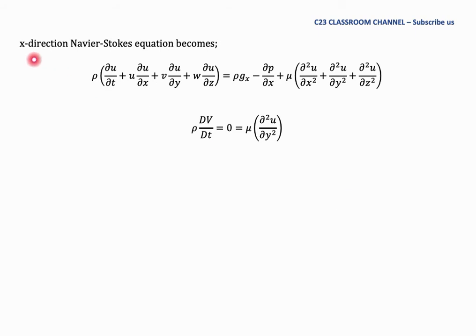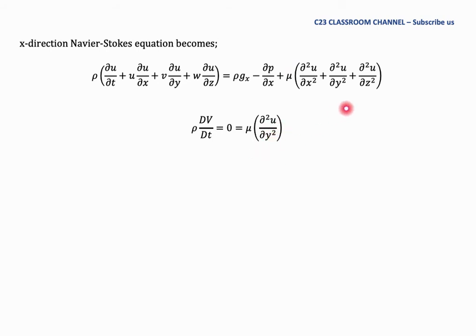So this is the x direction Navier-Stokes equation. This is the long form of the Navier-Stokes equation. You may refer to this equation in our previous notes. Then the terms here can be simplified: the dV/dt is equal to 0 because it is steady state, and then there is no gravity, and also the pressure gradient is 0, and then we simplify this term into mu del square u over del y square.